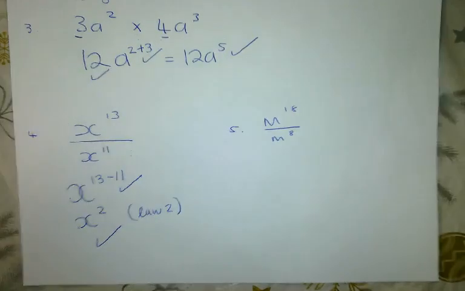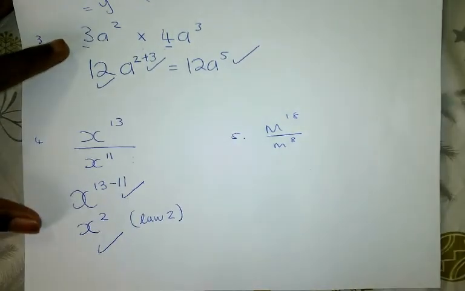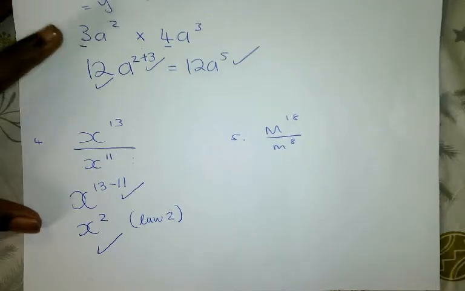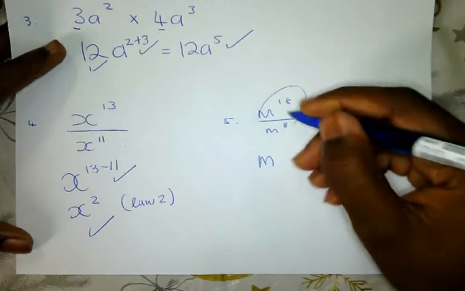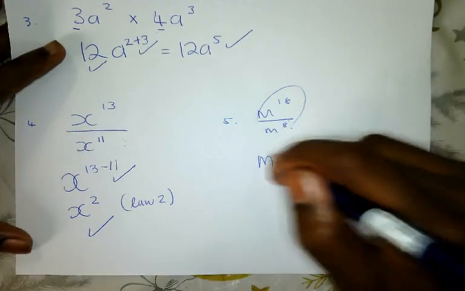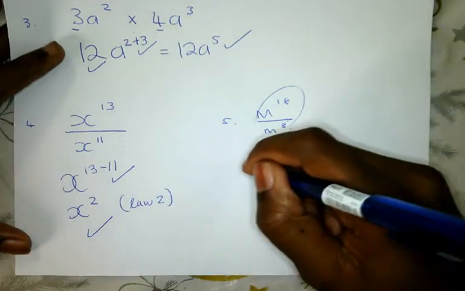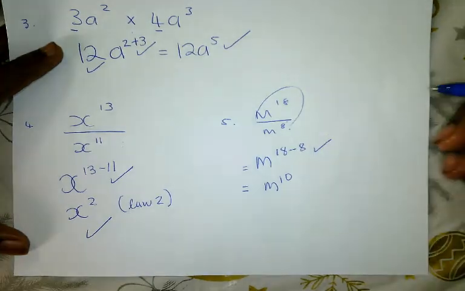Don't forget to show your method. Okay, moving along. Here, we're going to do the same thing. We're going to subtract. So you write one base and then you say 18 minus 8, which will be how much? 10. A mark for the method, a mark for the answer.